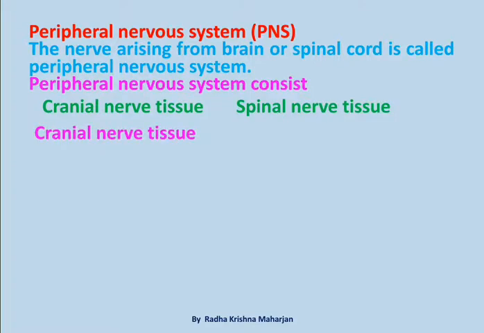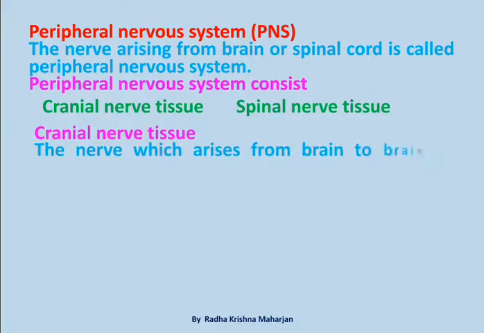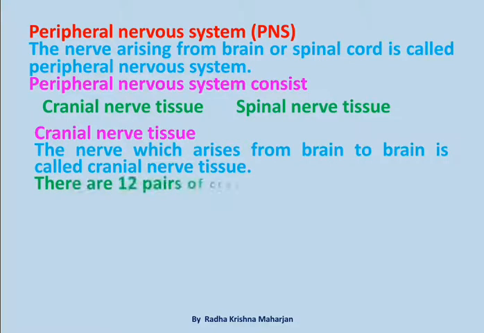Cranial nerve tissue. The nerve which arises from brain is called cranial nerve tissue. There are 12 pairs of cranial nerves.